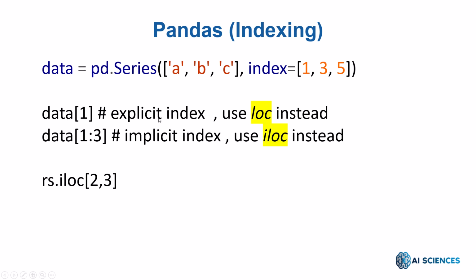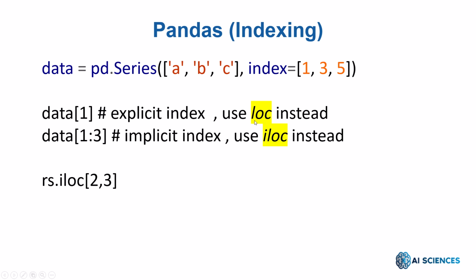Now, if you call like this, the explicit index will be called. But if you use the slicing operator, the implicit index is called. Now, this is sometimes confusing. If you use slicing, the implicit index will always be called if numeric indexing is used. If we don't use slicing, then the explicit will be called, and sometimes confusion may occur.